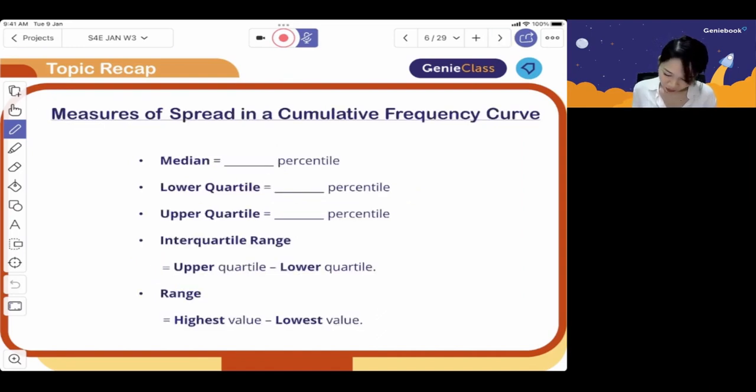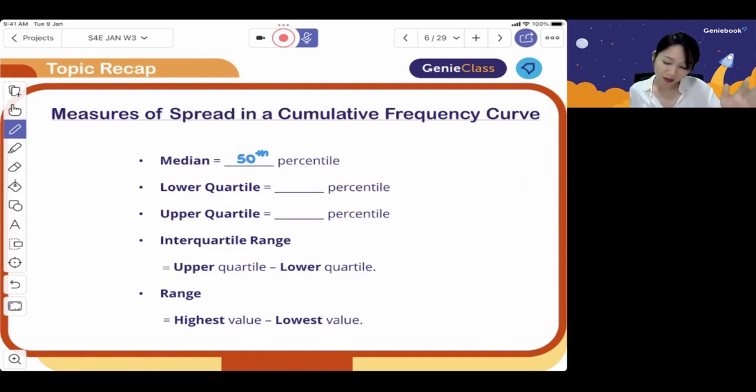Now, we also learned about percentile. Percentile is when we take a set of data and we split it into 100 parts or 100 percentages. Each percentage represents a particular value. So the median, remember, is the middle value in our entire set of data from 0 to 100, so that middle will be the 50th percentile.